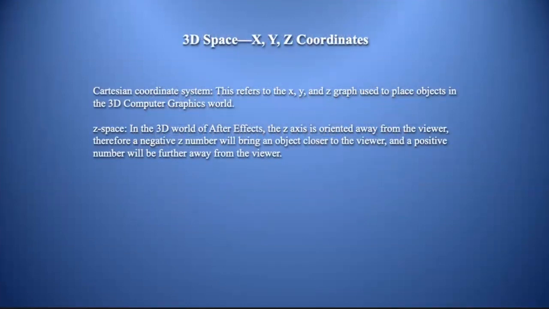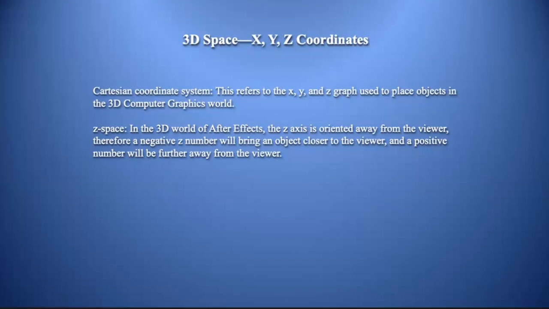So what is 3D space? You've got X, Y, and Z coordinates. This is the Cartesian coordinate system. This refers to the man who first decided this is the way to talk about it, a mathematician whose name was Descartes. And so Cartesian is taken from his name, Descartes.